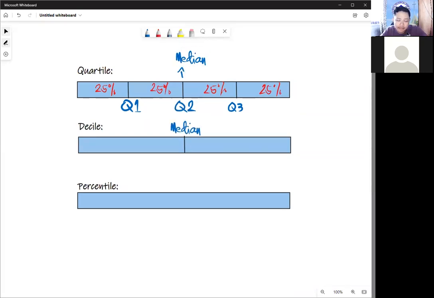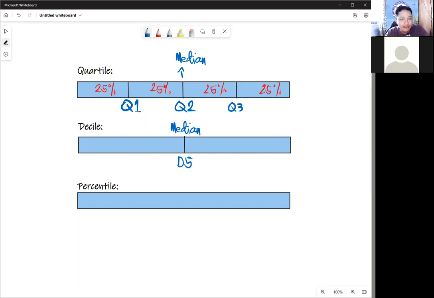And what do you think is the number of decile for the median? What's the middlemost decile? That is the 5th decile. Very good.